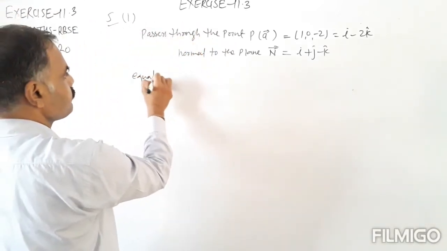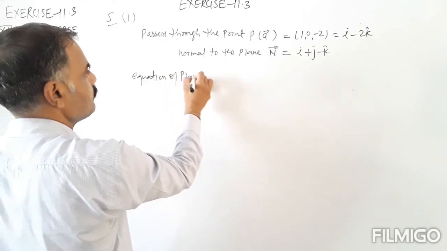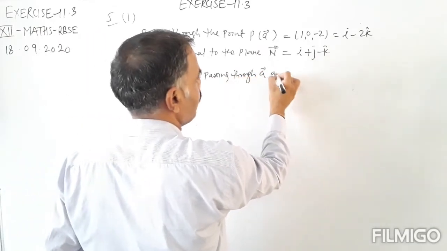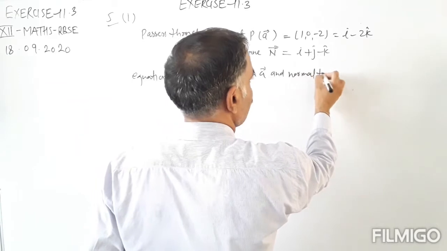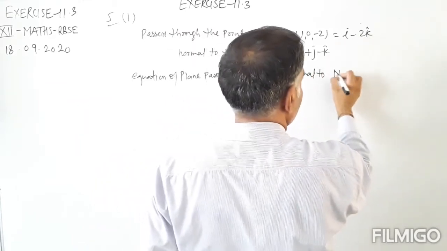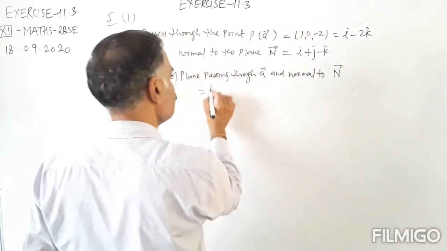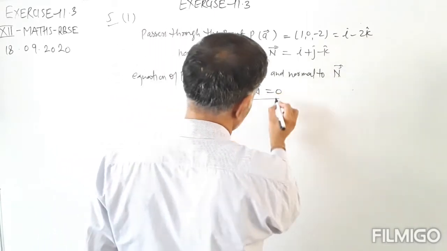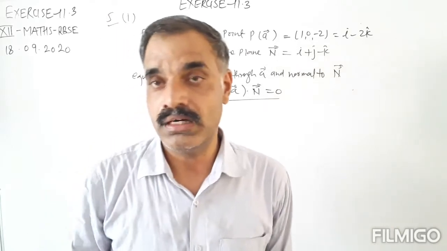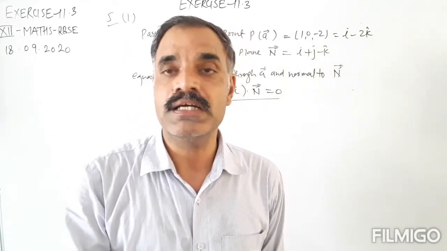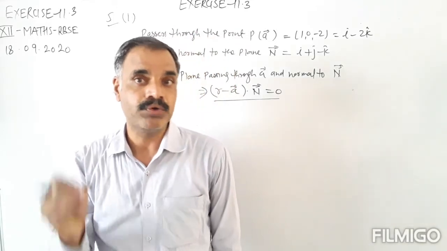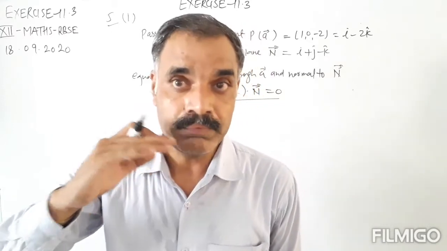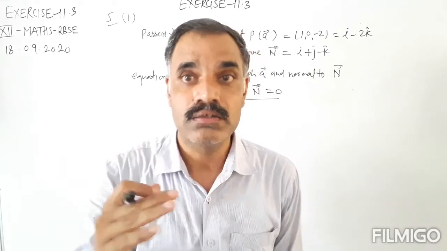The equation of the plane passing through a vector and normal to n vector is given by r vector minus a vector dot n vector equals 0. Here a vector is the point from where the plane is passing, and n vector is the perpendicular or normal vector to the given plane.